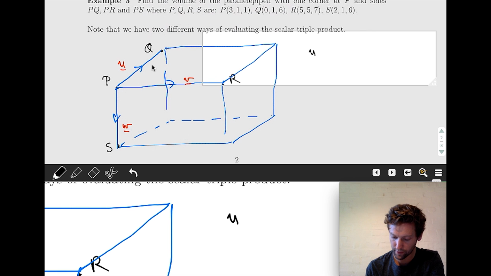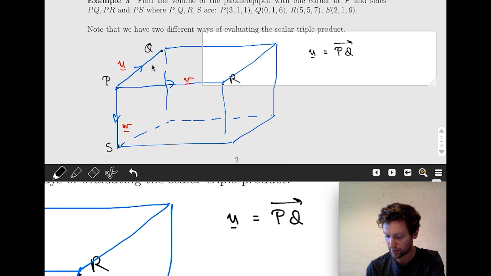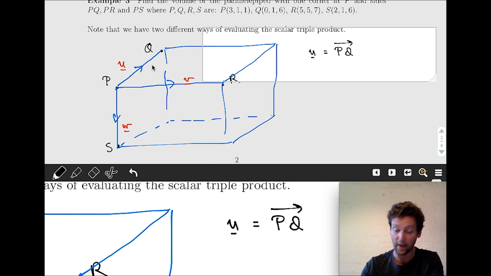So u is the vector from P to Q, and we remember that when we're calculating vectors from directed line segments, we take the coordinates of Q and subtract the coordinates of P. That is, we write it as OQ, the coordinates from the origin to Q, minus OP.